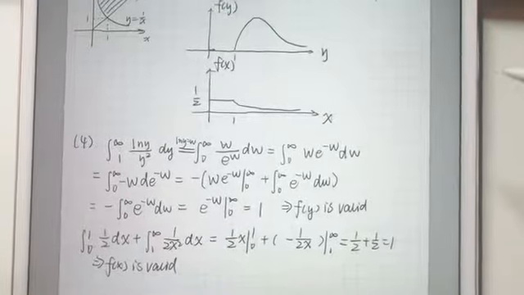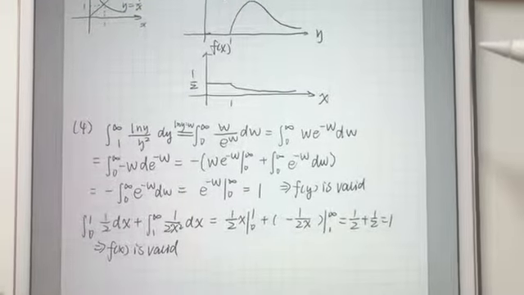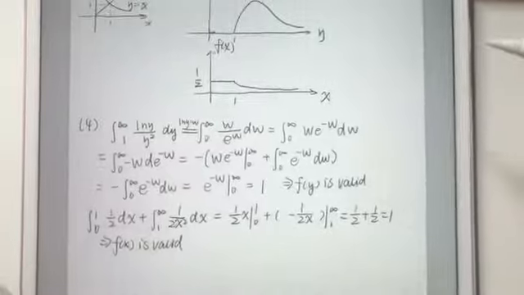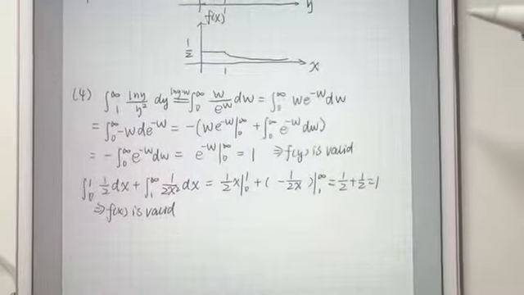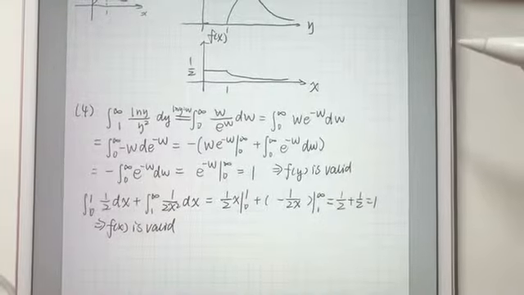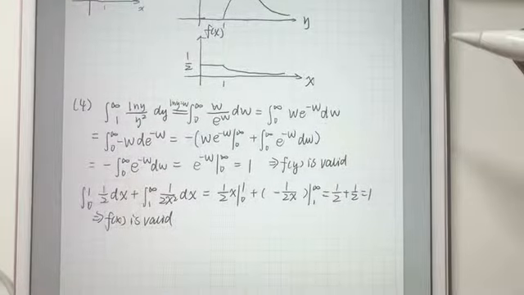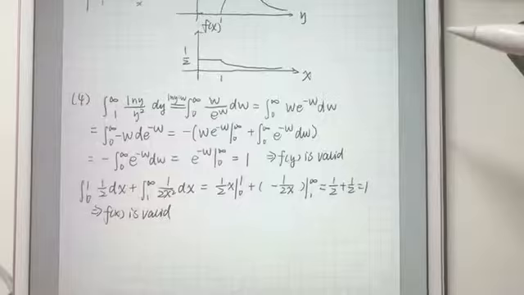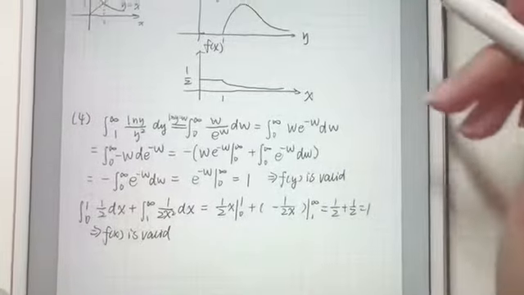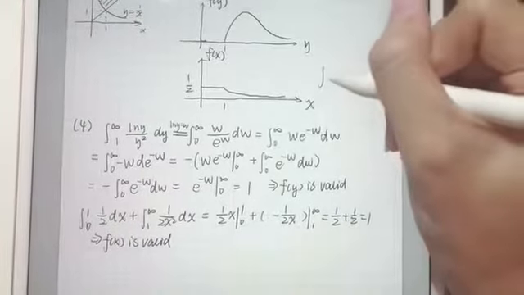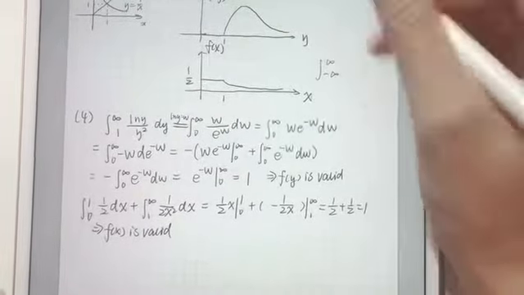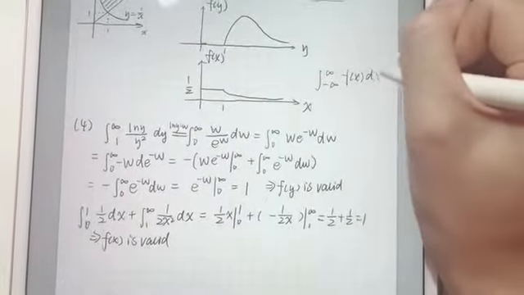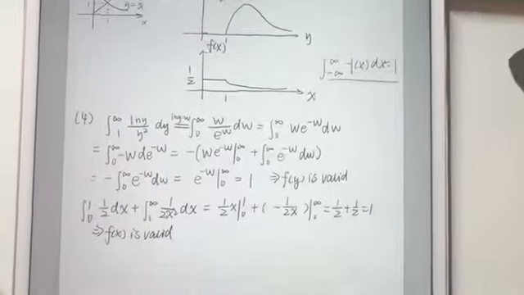Now let's move on to question 4. Question 4 asks us to verify f_X and f_Y are valid density functions. When a function is a valid density function, that is to say, the integral from minus infinity to infinity of f_X dx equals 1.